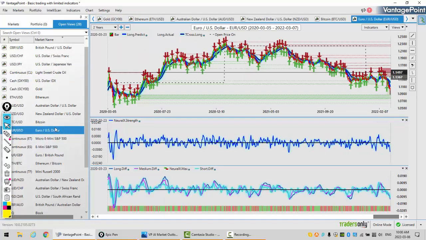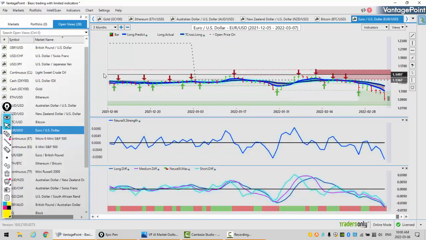Now, the euro is obviously the number one traded forex pair. The euro, again, as predicted, this is a known seasonality, guys, where the euro is not strong at all in the month of March. It goes up and down, but it's predominantly very bearish here anyway.